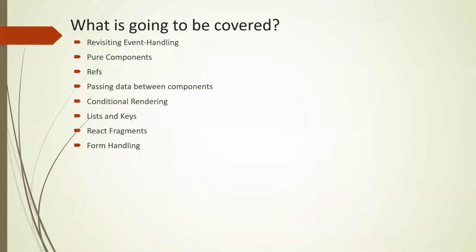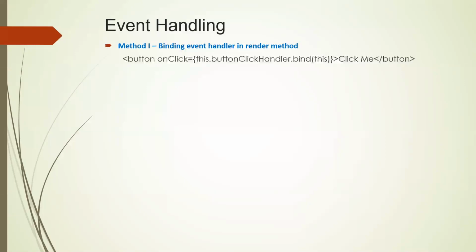And yeah, let's start. So the event handling. When it comes to any web application, there are events like clicking something, focusing on something, moving the mouse, losing focus, or on change.